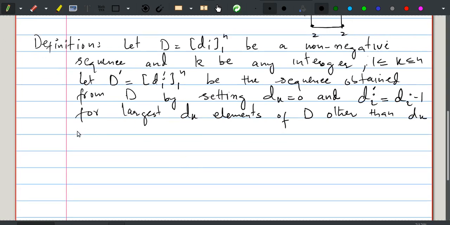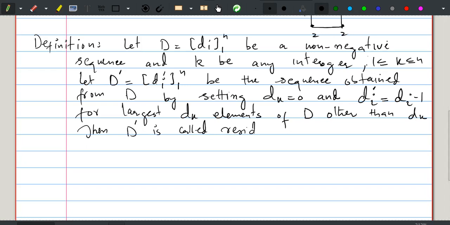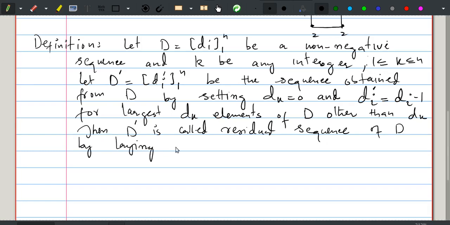Then d prime is called a residual sequence of d by laying off d_k.